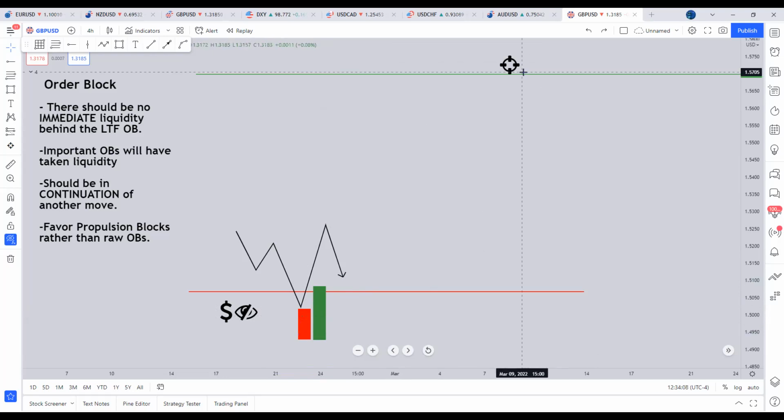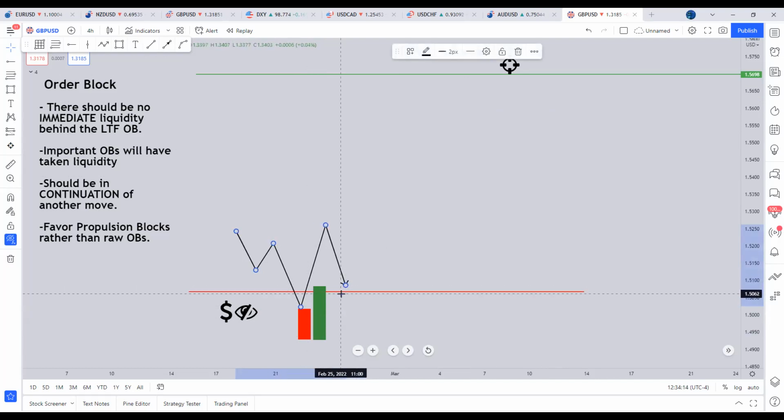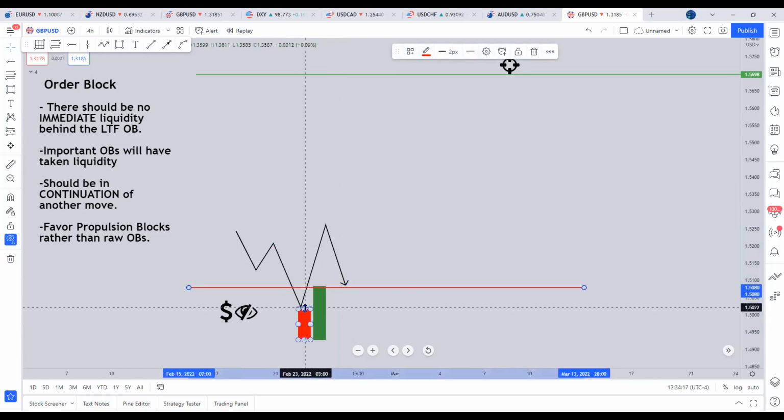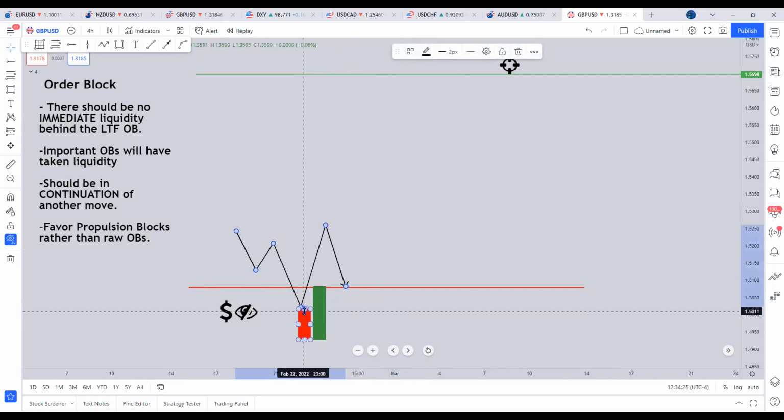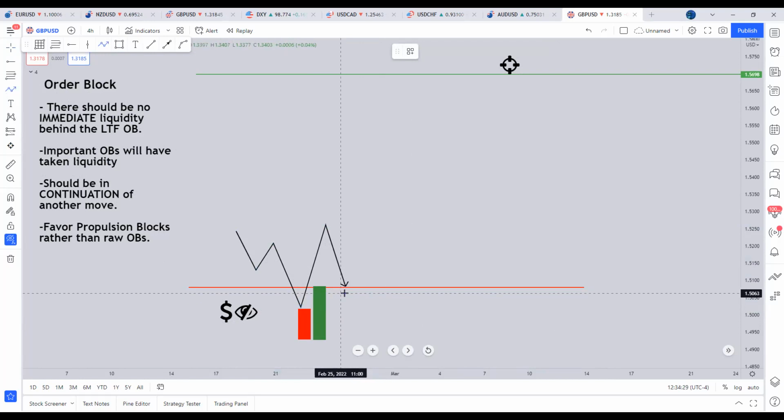So if you have a bullish target, you're going to look for the last bearish candle, and price will come into the last bearish candle. Let's assume that this little red line is the top of the red candle. Obviously it's not, but you guys understand. So let's assume that now we're touching the red candle, and now price will take off from it.